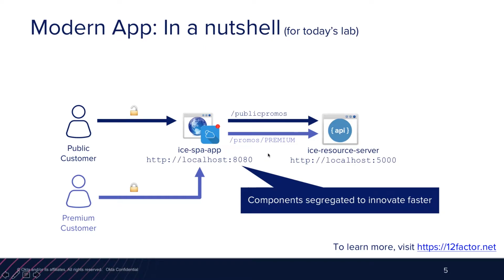The second thing you can see is that to make this democratic and available for all UIs, we started using reusable APIs. All this business logic, in my example returning premium promos or public promos for our customers, is consumable through different UIs.